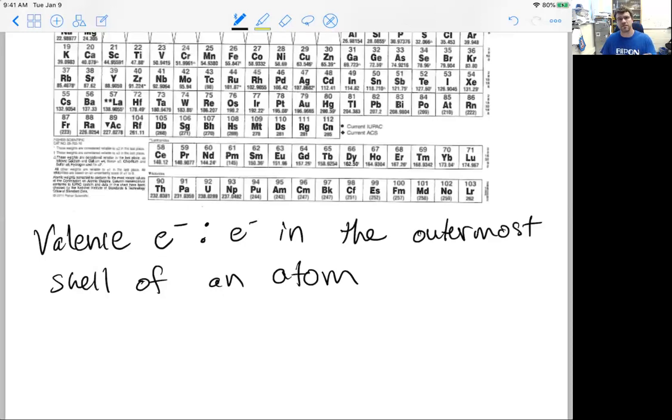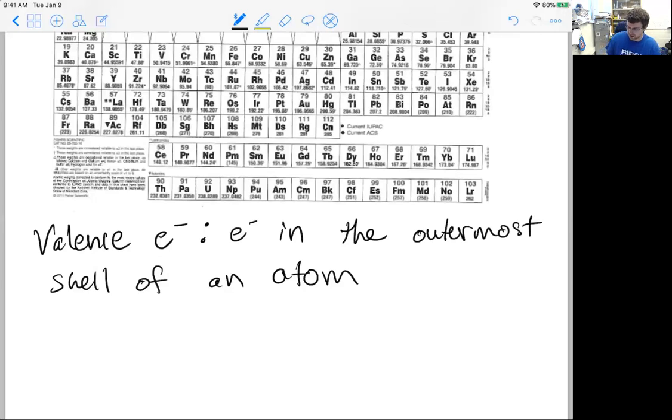Sure, in theory, but what we want to think about are the electrons that are actually there, and the ones that are the most reactive or most likely to engage in a reaction will be in the outermost shell that has electrons. Sometimes the outermost shell is going to be the first shell, as in the case with hydrogen and helium. Sometimes it's going to be the second shell, which is what we'll look at in this class for the most part, sometimes the third shell.